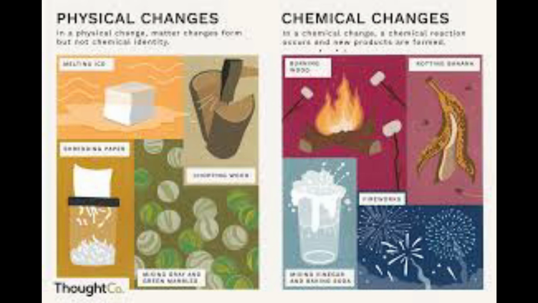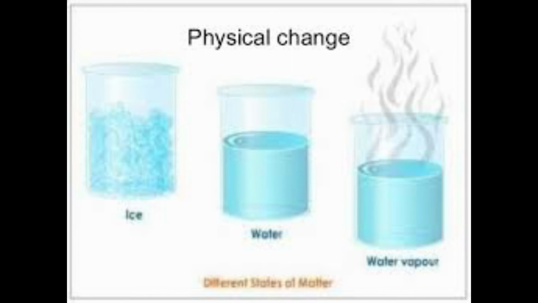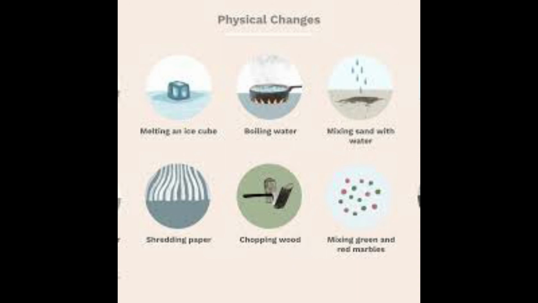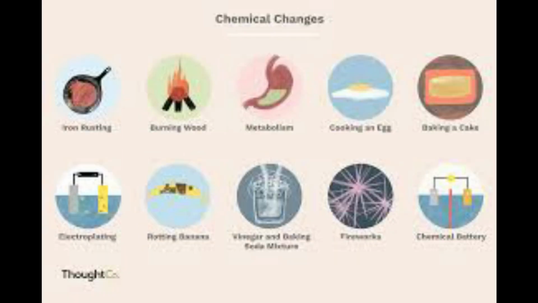Those changes in which no new substance is formed are called physical changes. Some common examples are melting of ice, freezing of water, boiling of water, condensation of steam, making a solution, glowing of an electric bulb, breaking a glass tumbler.